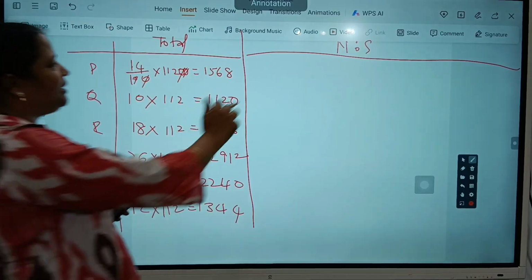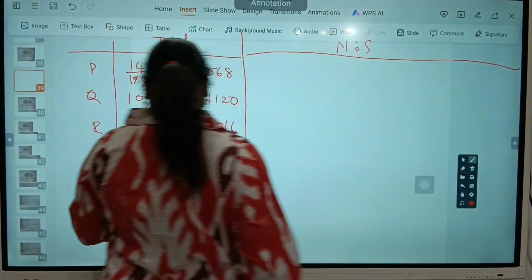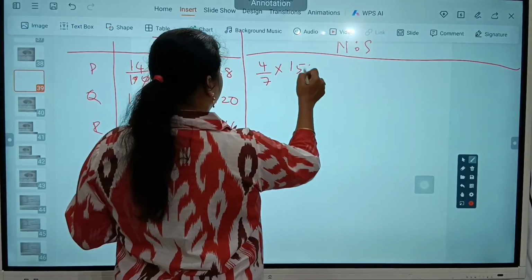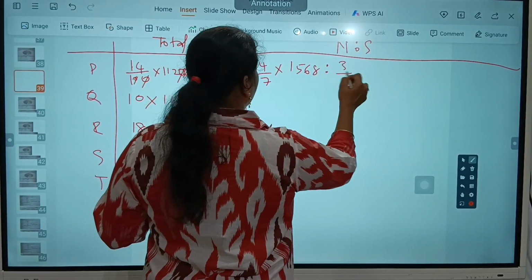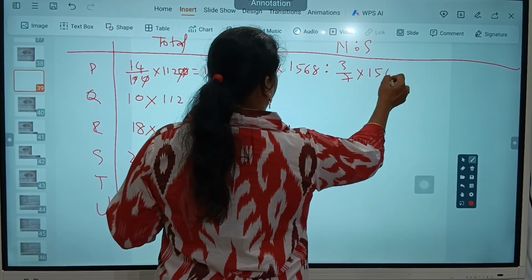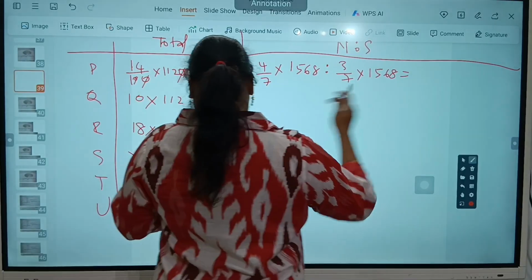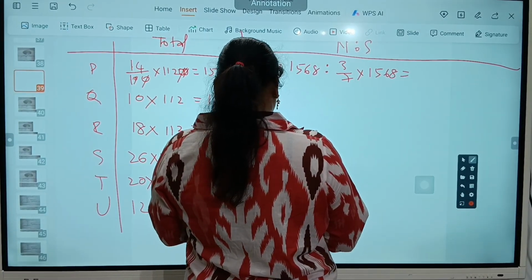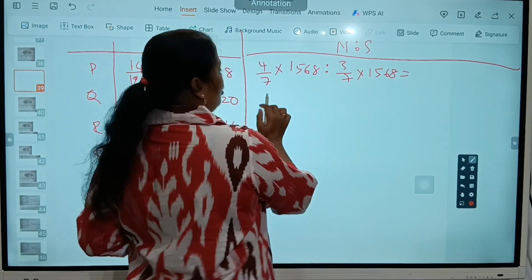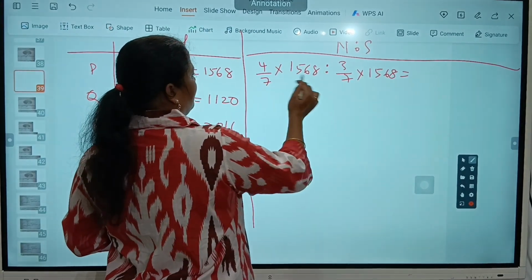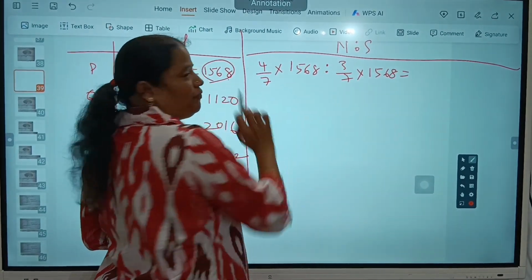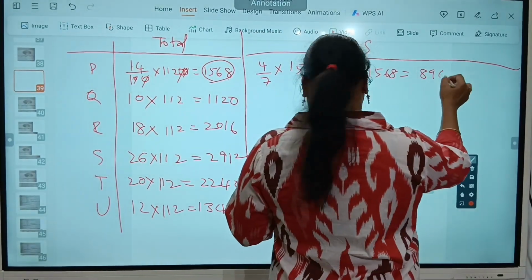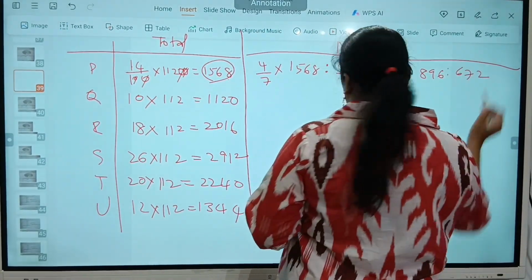Now we will calculate N is to S. That is nothing but 4 by 7 into 1568 is to 3 by 7 into 1568. The ratio you know, na? First value by 4 plus 3, 7, into 1568, the total number of values. Okay. So 896 is to 672.